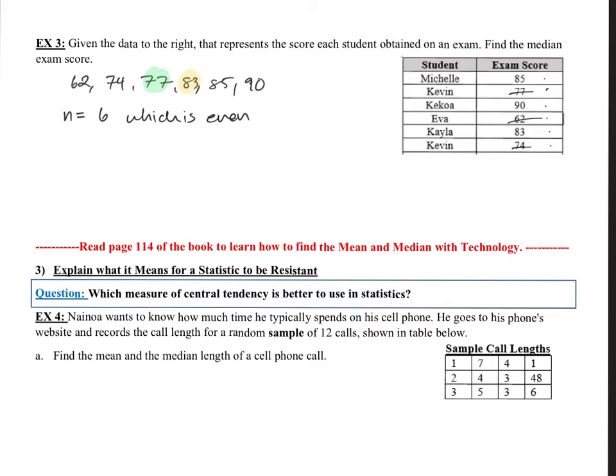So our median is going to equal our two middle values divided by 2, which is going to be, let's see, 77 plus 83, 160. Dividing that by 2 should be 80. So our median is 80.